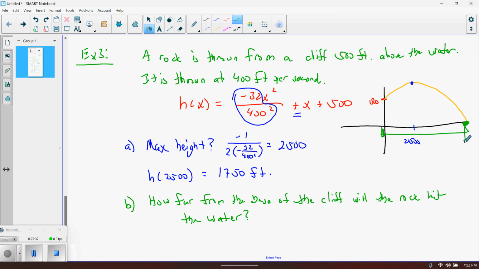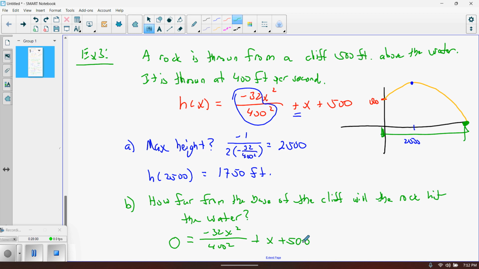If you want it to hit the water, we know that the height is 0 because it hit the water. So you're going to set 0 for h of x equals negative 32x squared over 400 squared plus x plus 500.